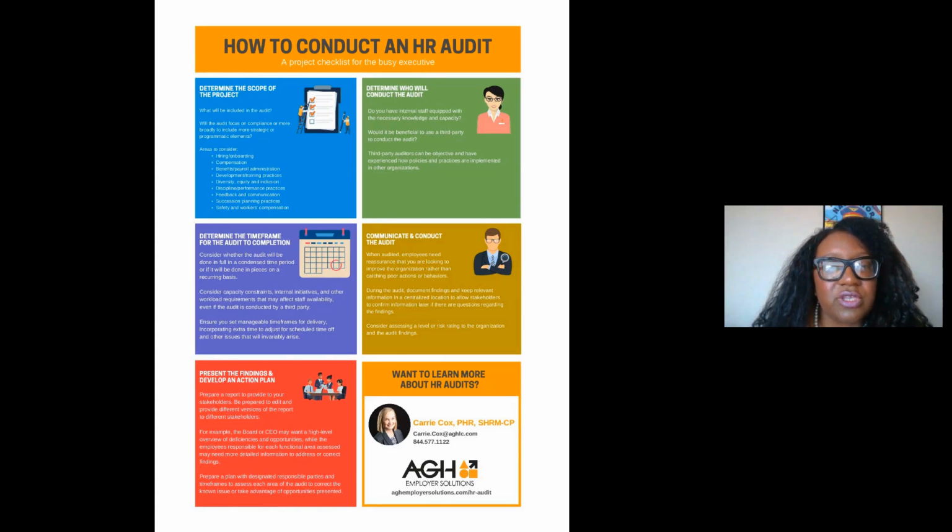So determine the scope of the project. We talked about that. Determine who will conduct it, and then present the findings and develop. So this is a little how to conduct it. And again, you can make metrics for each of these sections. I didn't show something with specific metrics because you're all going to go back and create something different. But if you're unsure, you can just type audit.